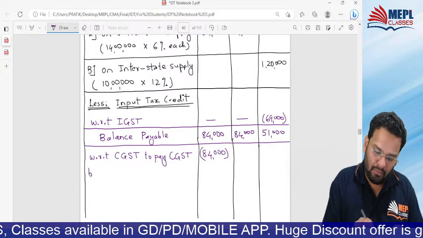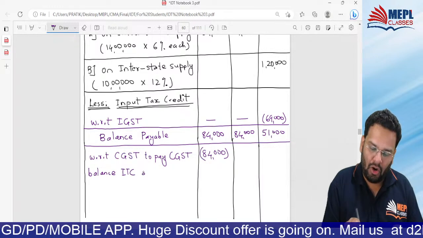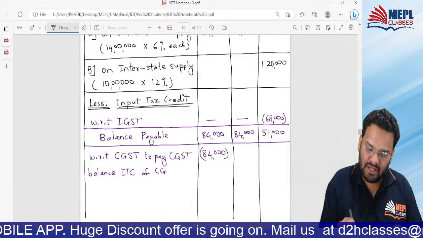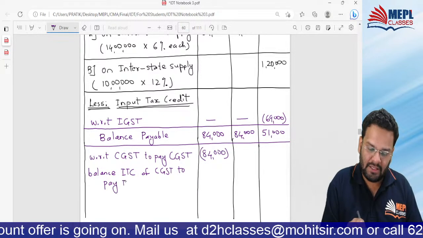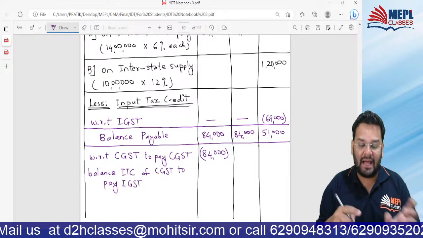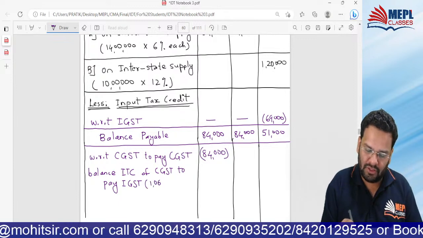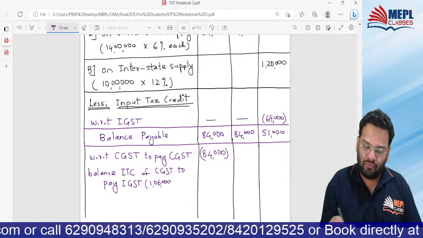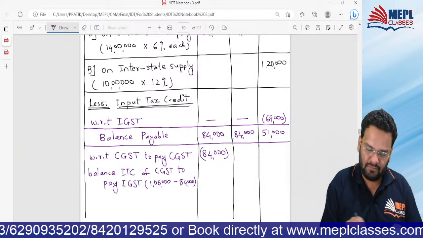Okay, now balance ITC of CGST to pay IGST. Got it? Now what is balance ITC of CGST? Overall was 1,06,000. Out of 1,06,000, you have used 84,000.